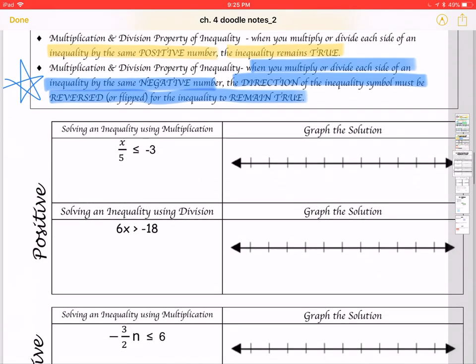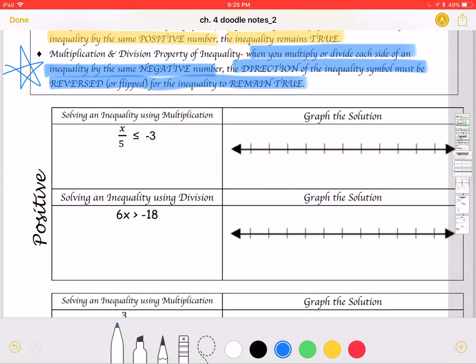Our first set of examples, you can notice I wrote the word positive. We're just dealing with what happens if we multiply or divide by a positive on both sides. First one, solving an inequality using multiplication. So x right now is being divided by 5, and it's saying it's less than or equal to negative 3.